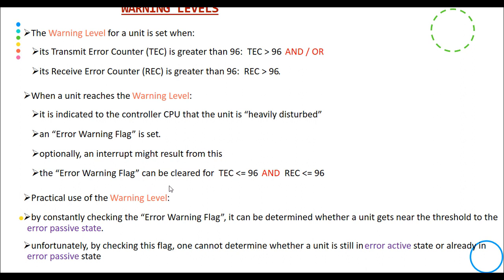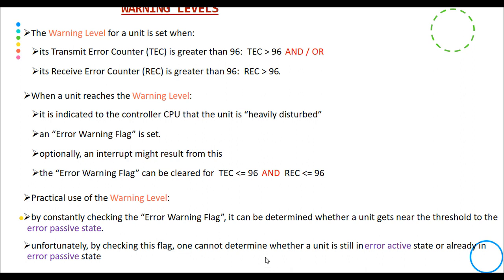The error warning flag can be cleared whenever TEC is less than 96 and REC is less than 96. See, what are the practical uses of warning levels? By constantly checking the error warning flags, it can be determined whether the unit gets near to the threshold of error passive state, that is whether either TEC or REC is above 127.